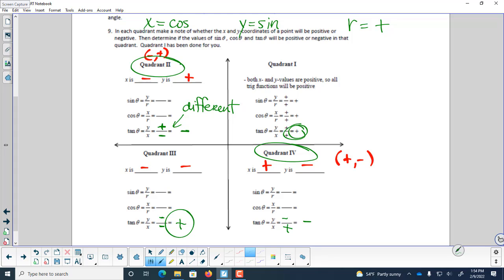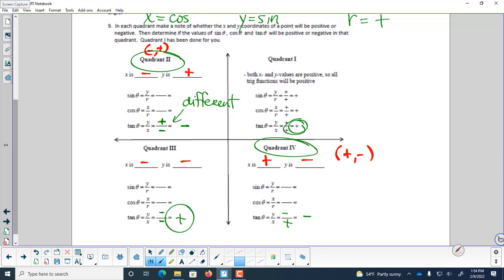Okay? So what does that tell me then, for example, about the reciprocal functions? What function is the reciprocal of sine? These you gotta know. Cosecant. Cosecant theta. What function is the reciprocal of cosine? Secant.